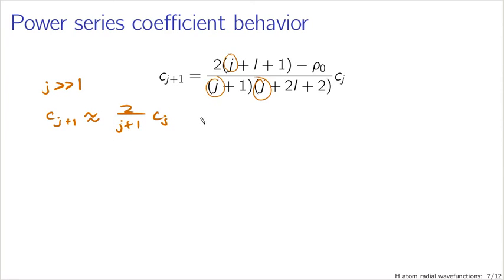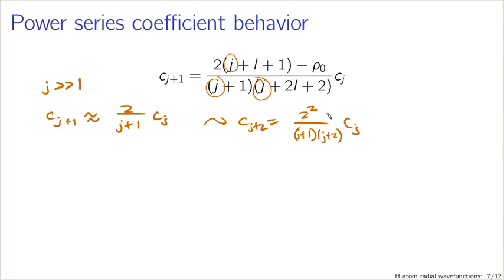For instance, let's consider what I would get for c sub j plus 2. This 2 is going to reappear and I'm going to end up with 2 squared over j plus 1, j plus 2, times c sub j.